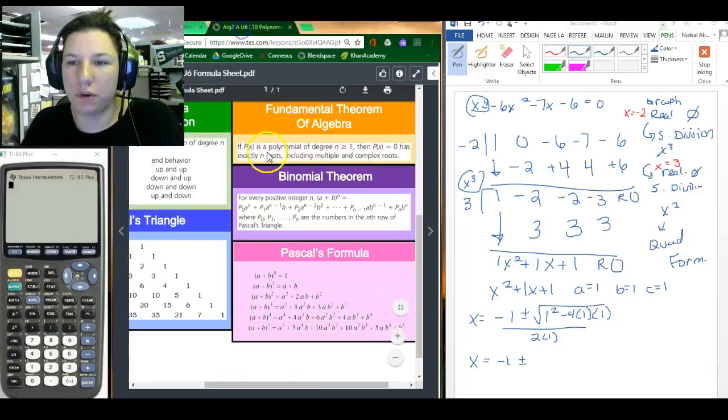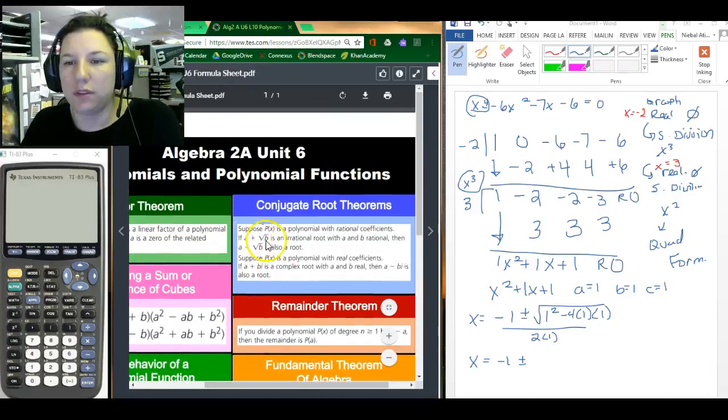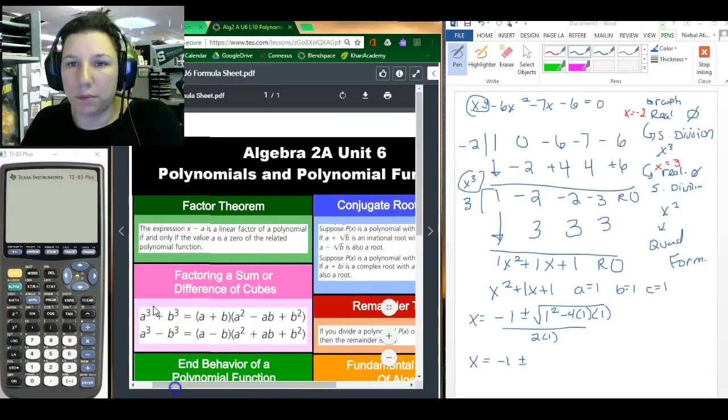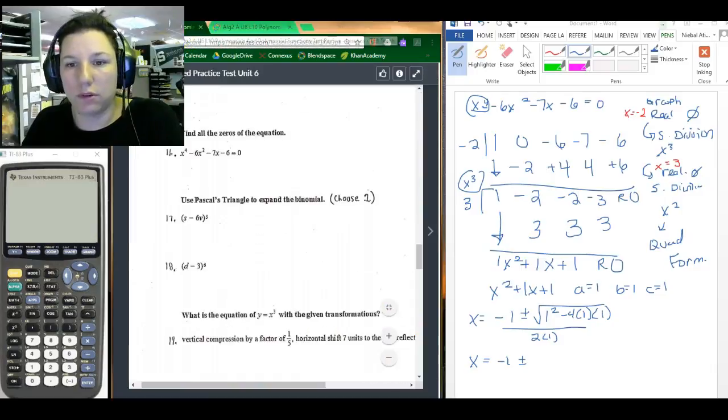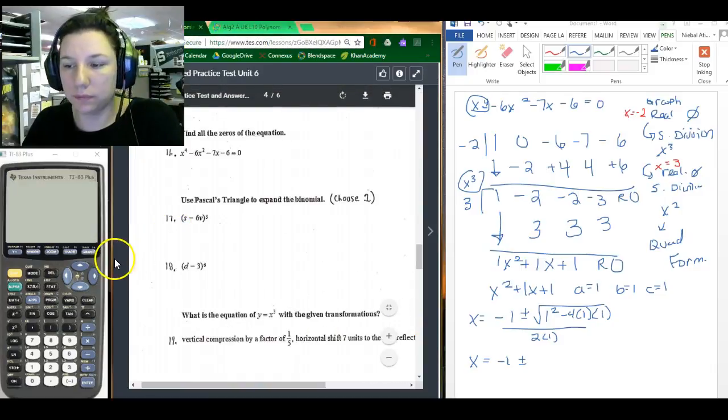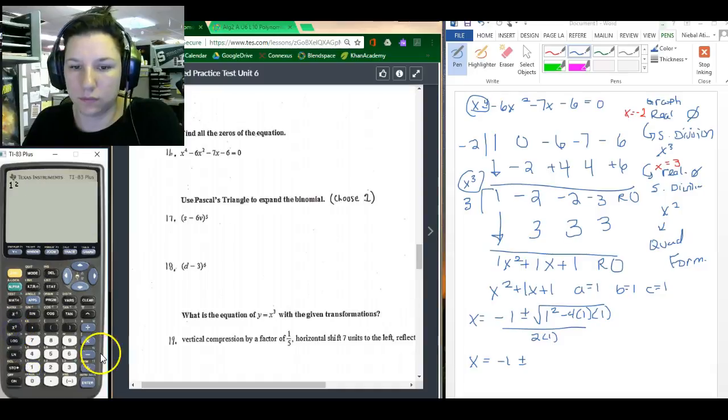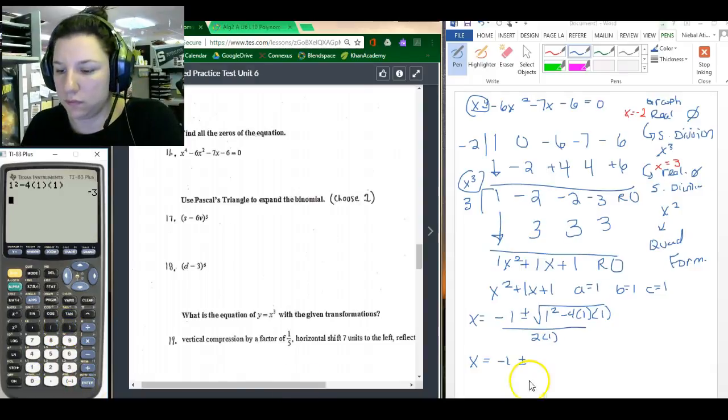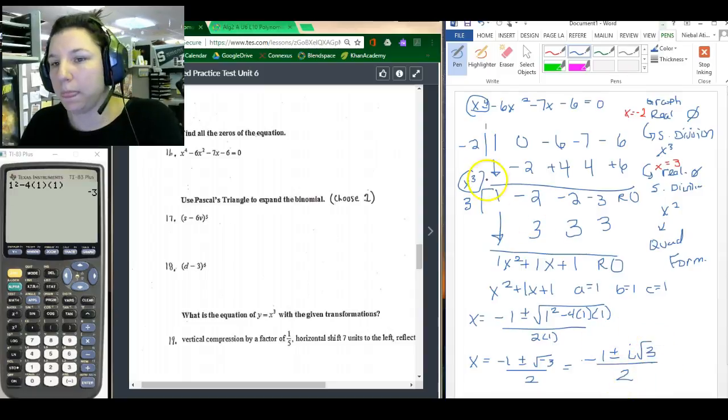If you don't remember the quadratic formula, I don't believe it's on the Unit 6 formula sheet, but you can use all the formula sheets, so you can grab it from Unit 5. And that'll simplify to negative 1 plus or minus the square root of a negative, which we change to an i, square root of 3 over 2.